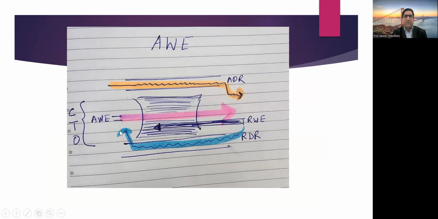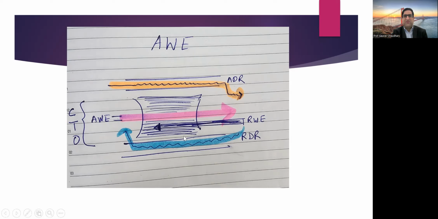If we go across the CTO body from the proximal cap to the distal, this is called AWE, antegrade wire escalation. We should keep the terminology in mind. And if we are unable to get through, then of course ADR: from the lumen we go to the subintimal space, then again we reach the distal true lumen. So this is called antegrade dissection and re-entry.